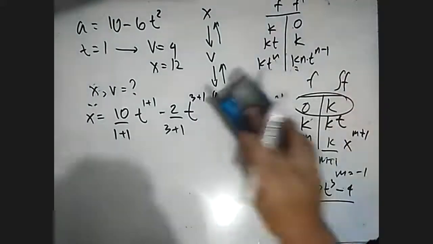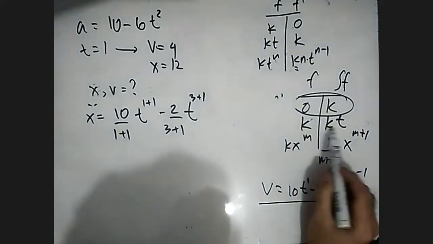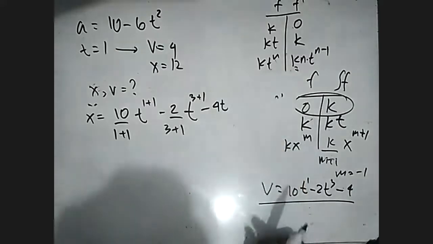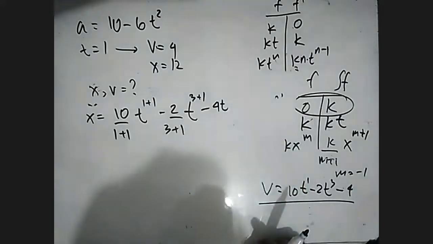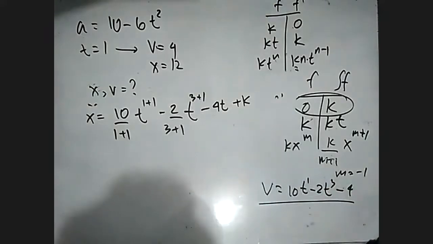And minus 4 is this part now. Minus 4t. At the end, don't forget to add the k, a new k here. Each time we go up the ladder, we have to add plus k.